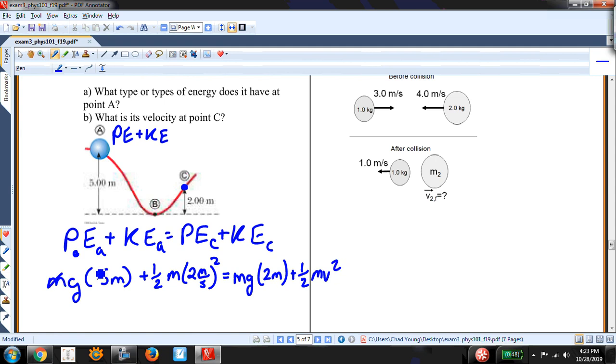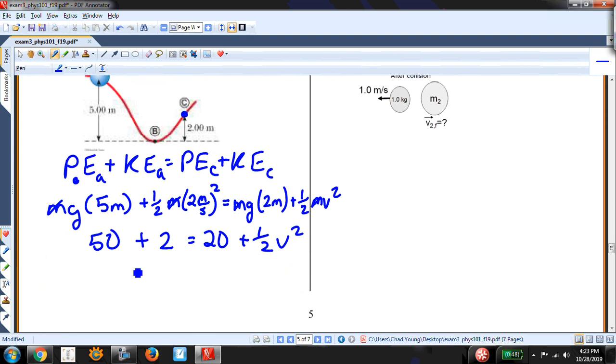And notice that my masses will all cancel. So this is 50, and half of 4 is 2, 20 plus 1/2 v squared.